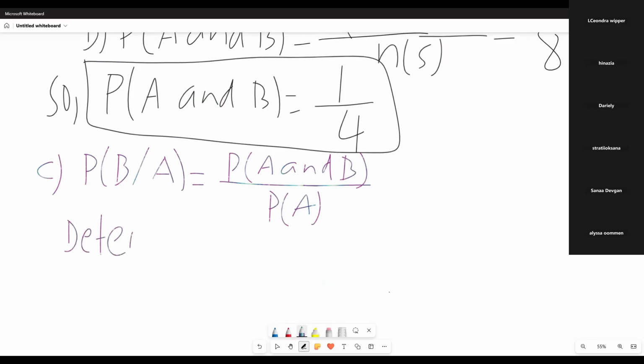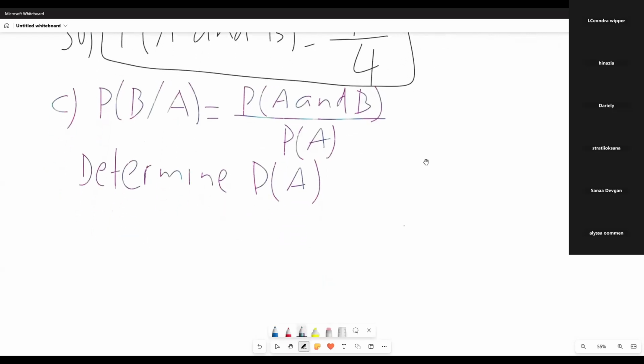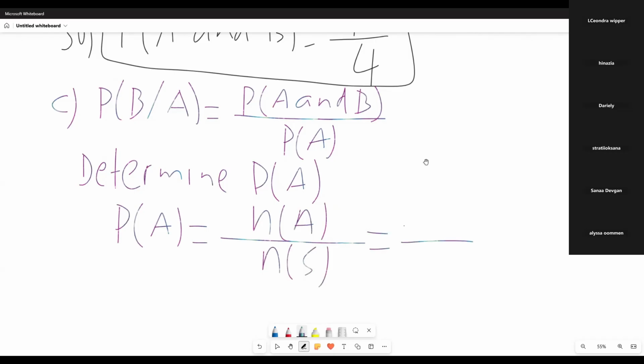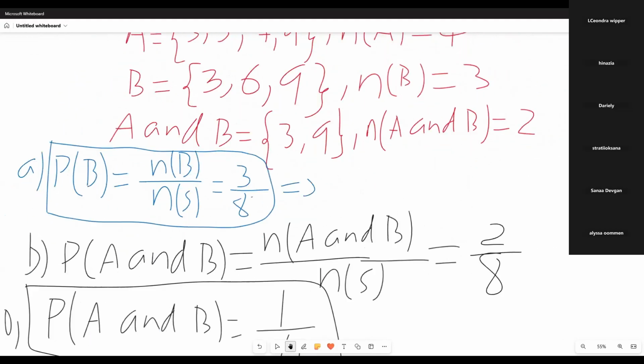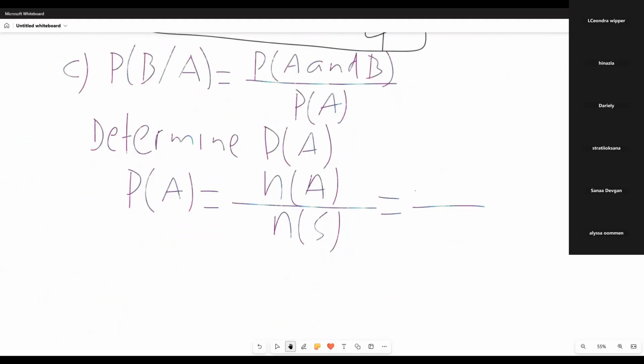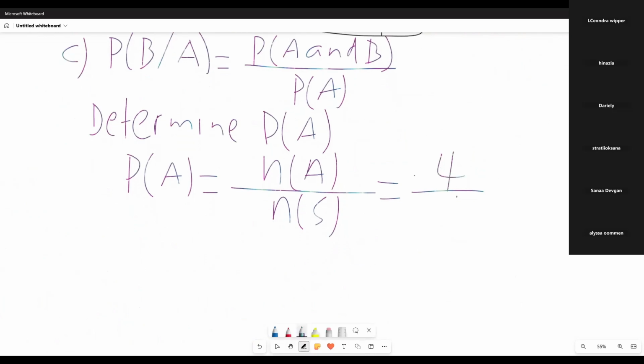Determine P of A. P of A would be N of A over N of S. N of A was 4, right? Yeah, 4. That's 4 over 8.